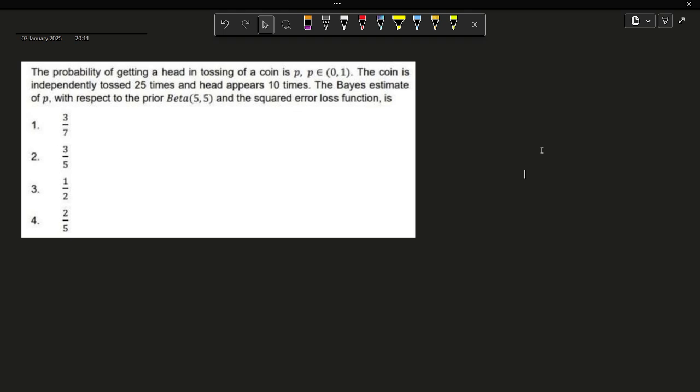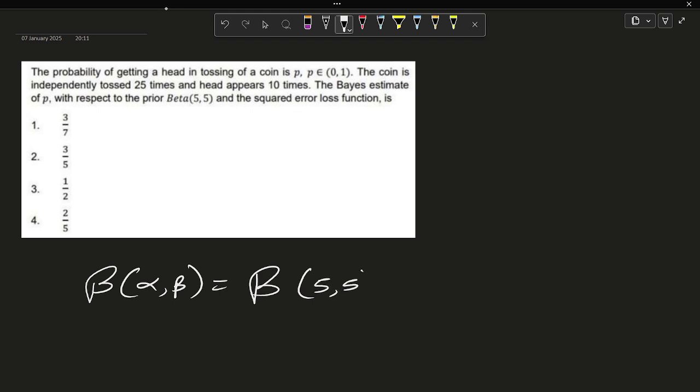Firstly, the prior distribution is given as Beta(alpha, beta), that is Beta(5, 5), where alpha is 5 and beta is 5.